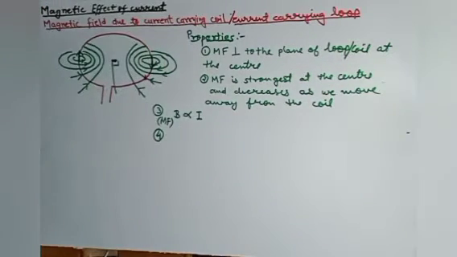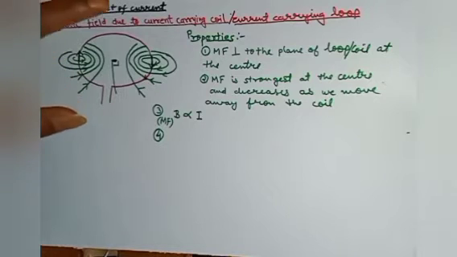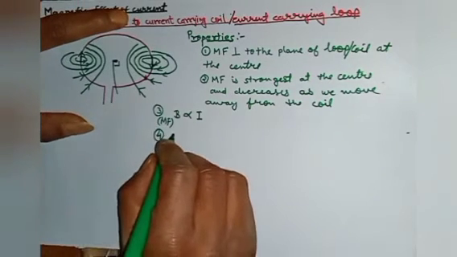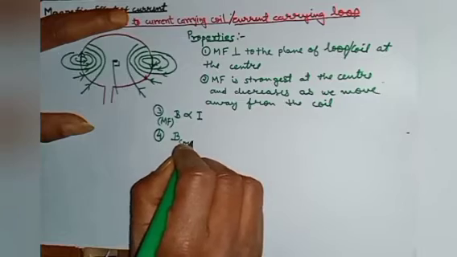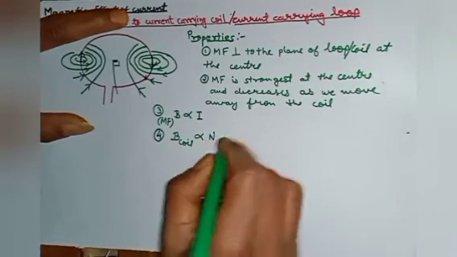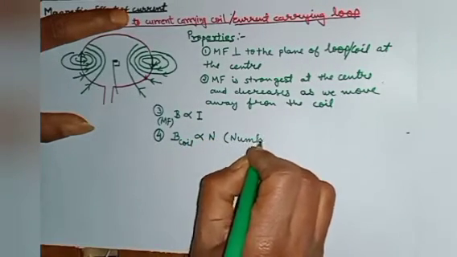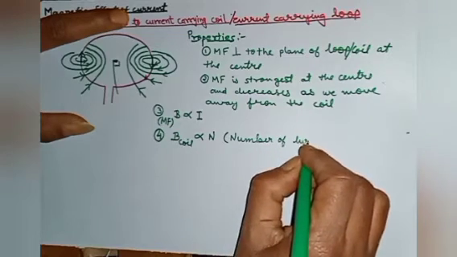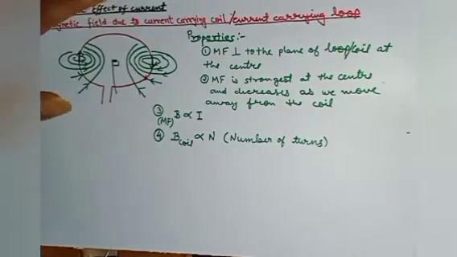It is all about loop and coil also, but one thing, specifically for a coil, B due to a coil is directly proportional to N, that is the number of turns. Meaning if there are more turns, then greater will be the magnetic field due to that coil.